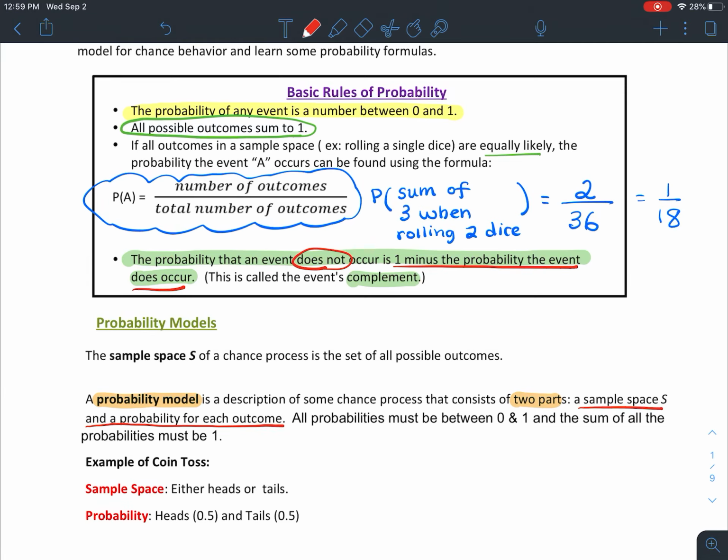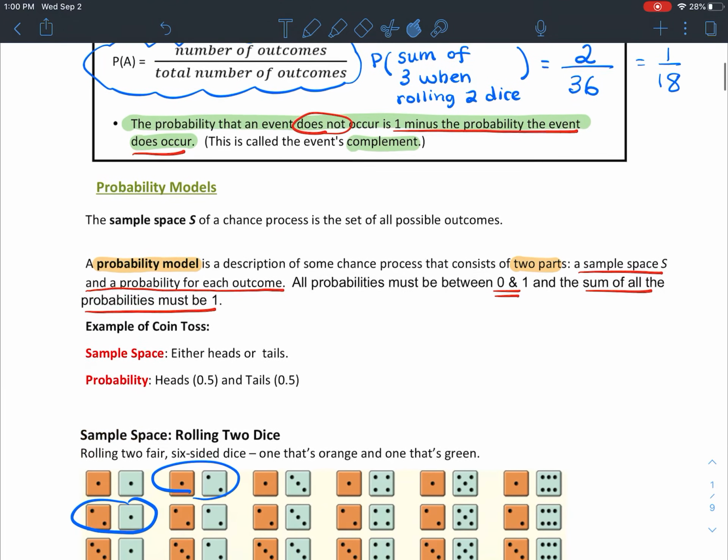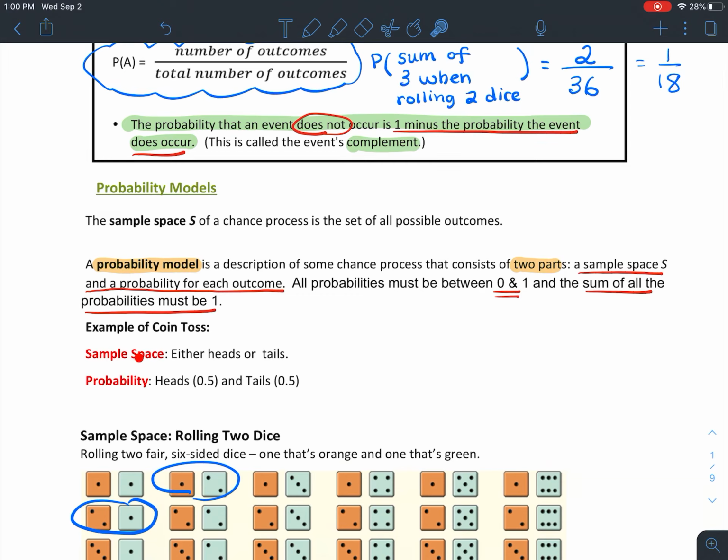One is the sample space, which we'll call S. You have to first list all of the probabilities for each possible outcome, and all the probabilities have to be between 0 and 1, and they have to sum up to be 1.